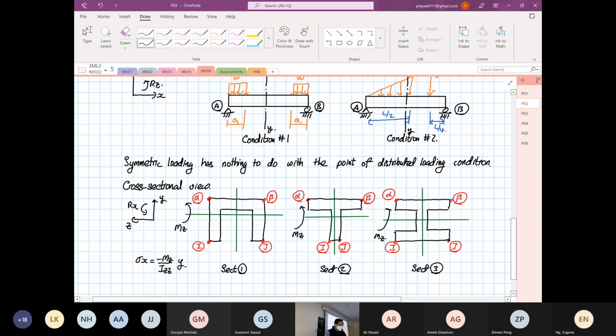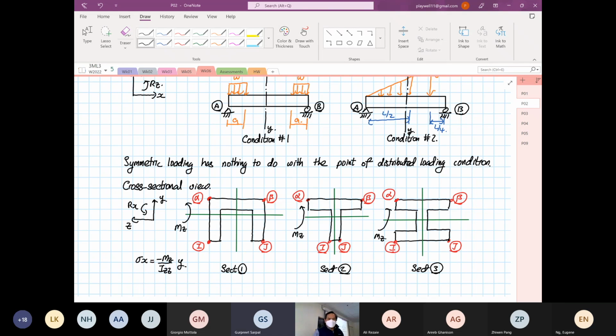I'm going to ask you a question. I want you all to think about it. Which cross section is under symmetric loading? I think 3. Okay, we have 3. Any other guess? Why do you say 3?